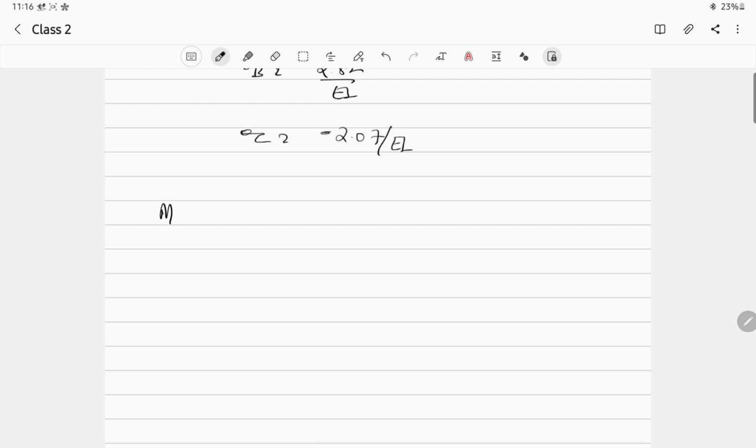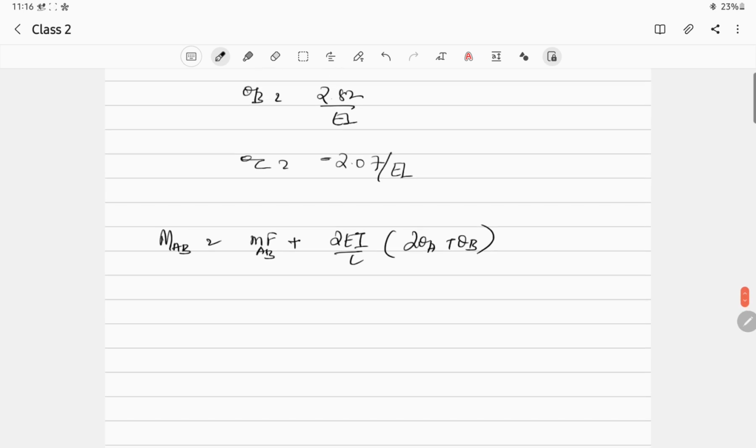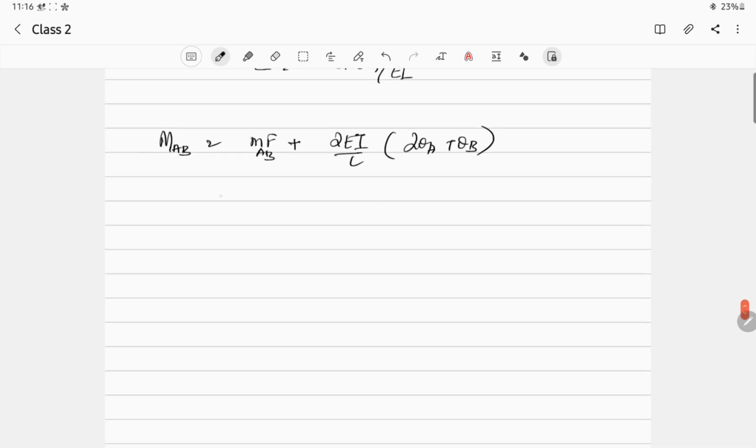That is capital MAB is equal to, we have the formula MFAB plus 2EI by L into 2 theta A plus theta B, isn't it? So once you substitute these values in the equation, we have MFAB, which is minus 2.22, we have calculated just now. Then plus 2EI by span of AB is 3.